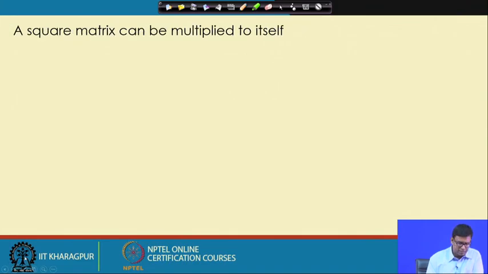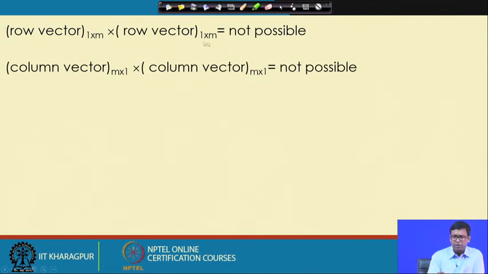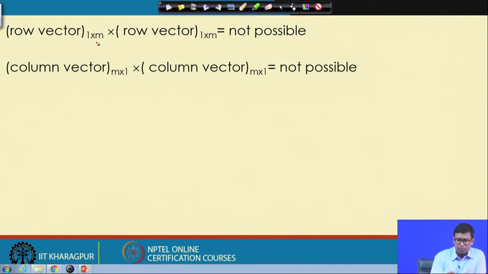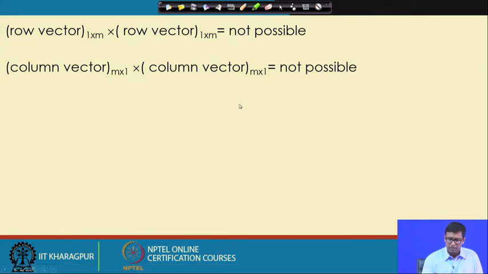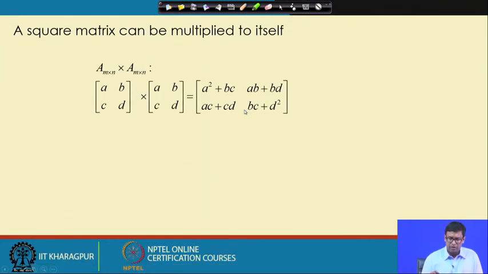A square matrix can be multiplied to itself. A row vector cannot be multiplied to a row vector, because the order in terms of the pre-multiplier's column and the post-multiplier's row do not match. Similarly, a column vector cannot be multiplied to a column vector. A square matrix can be multiplied to itself because it has the same order.